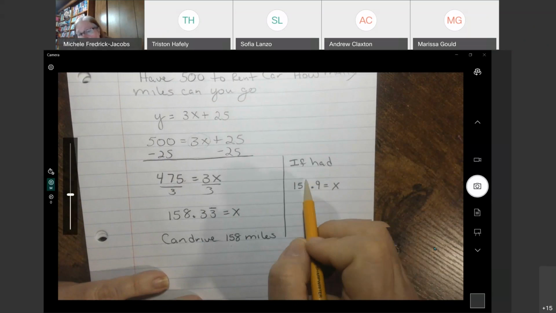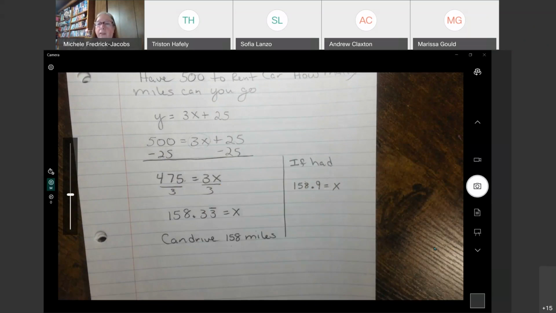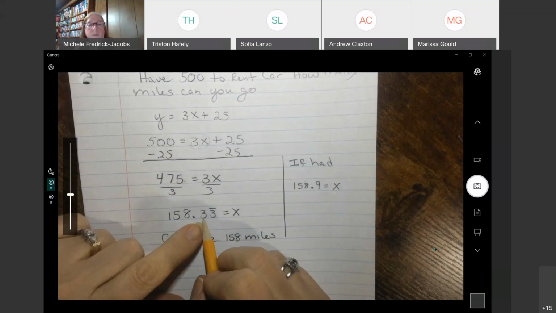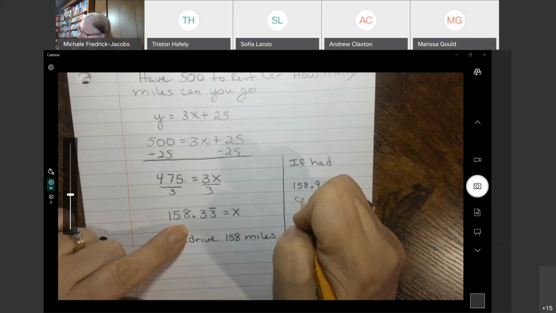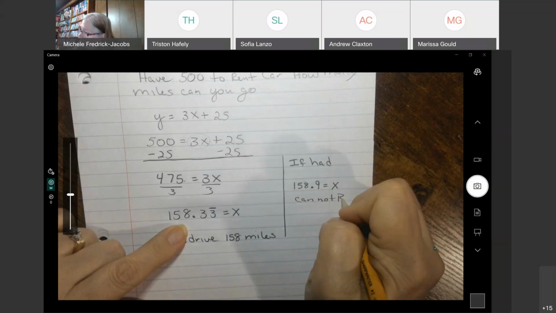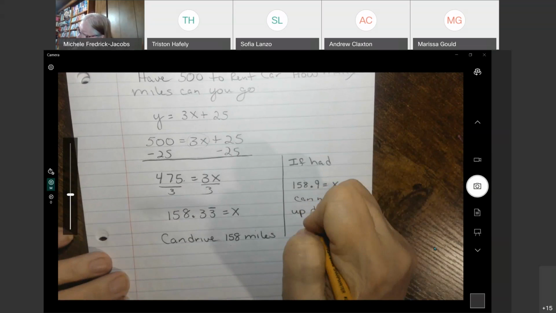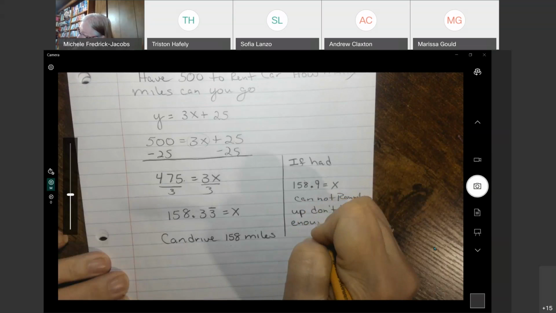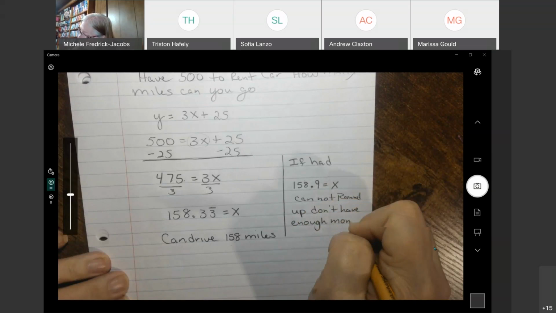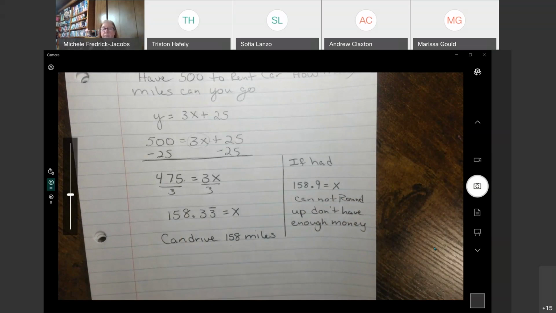You cannot round up no matter what, because you don't have enough money. So if this was a 9 instead, it would still be 158 miles. So this is a case where if you end up with a high decimal, you still don't round up. You don't have enough money to round up.